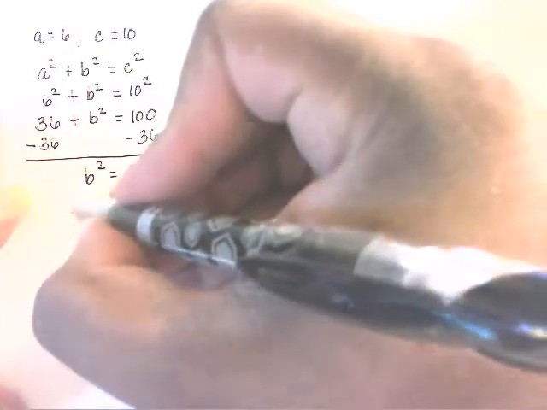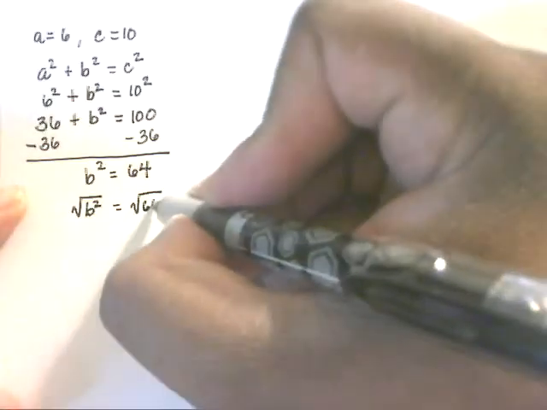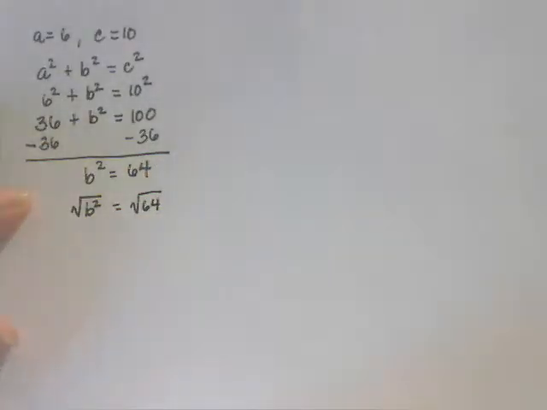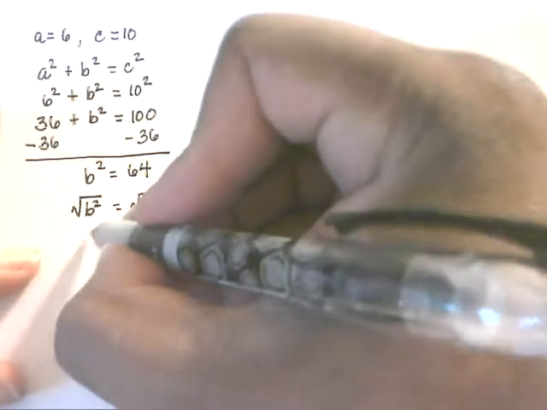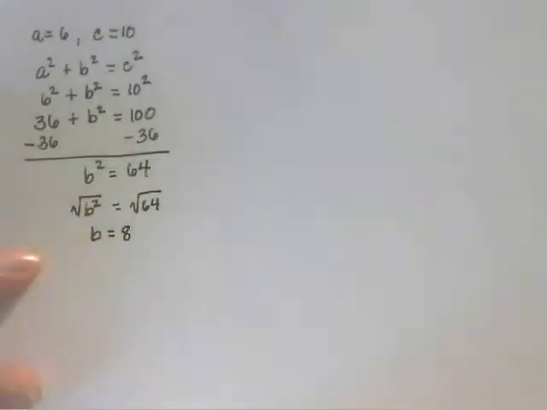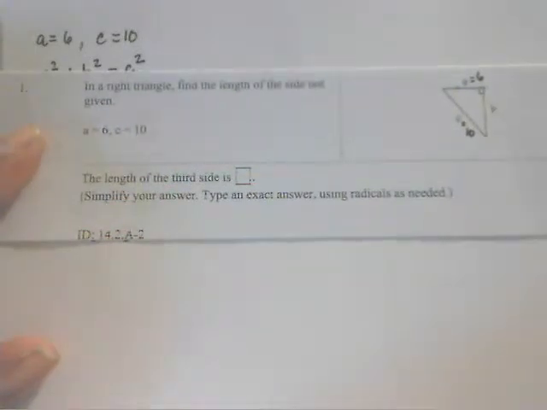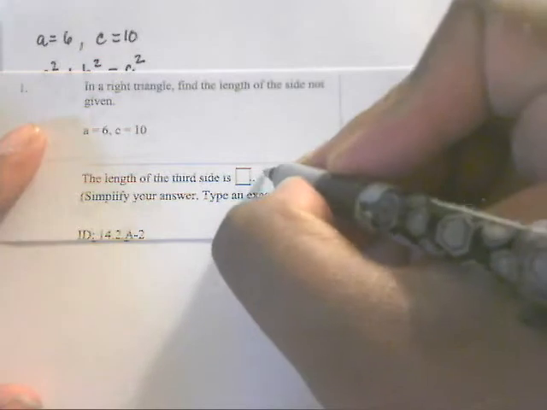And then to get B by itself, we're squaring B, so we need to take the square root on both sides, because the opposite of squaring something is taking its square root. So B is equal to the square root of 64, that's 8. So the length of this third side is 8.